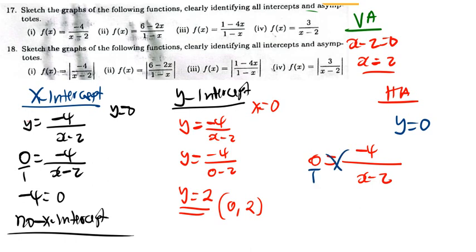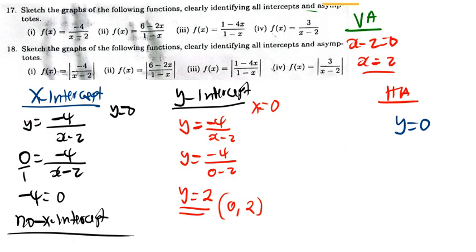So negative 4 is equal to 0 times anything here, which is 0. You understand? Yes. That's why we say there's no x-intercept. Okay, thank you. Now, since I've reached this point, I can now sketch.